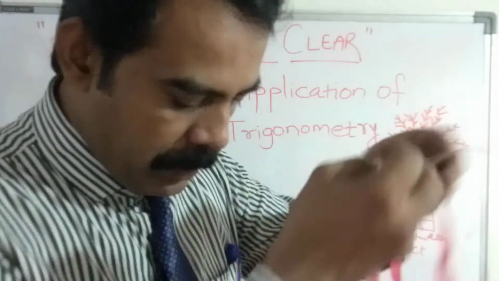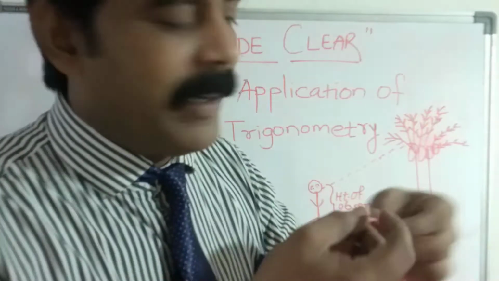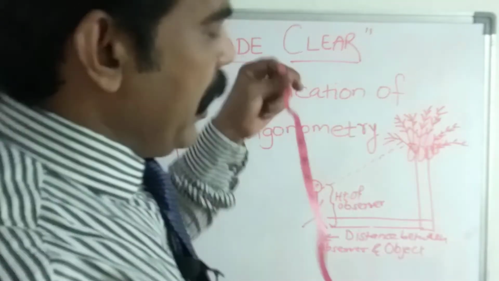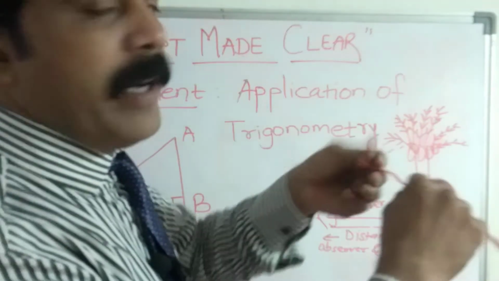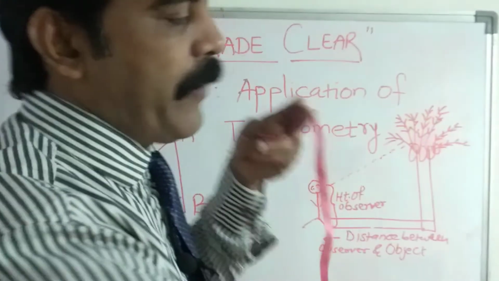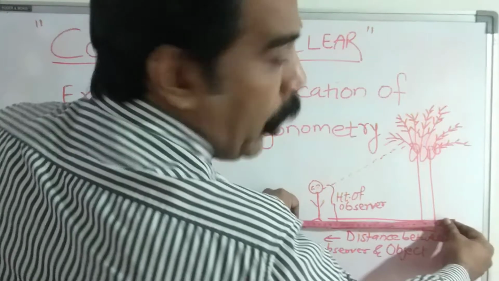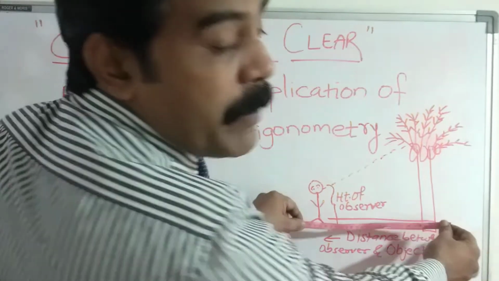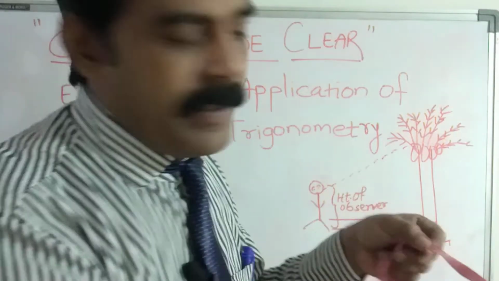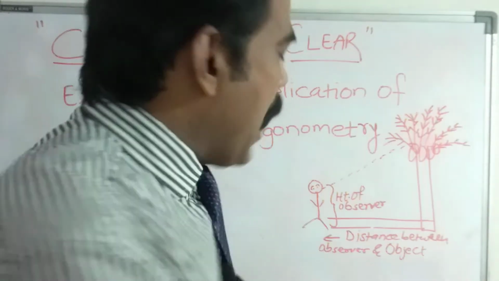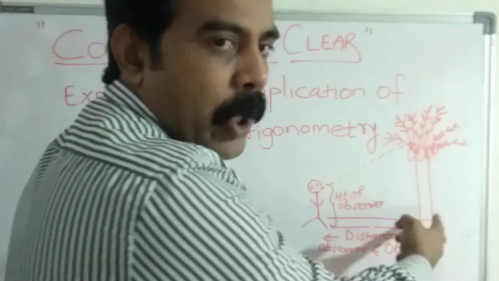This is a small measure tape normally used by tailors. Request one of your friends to find the distance between you and the object, so that you know how much distance there is between you and the object.